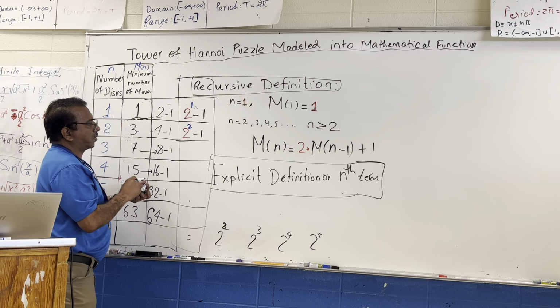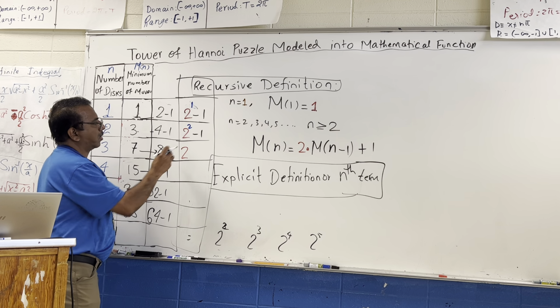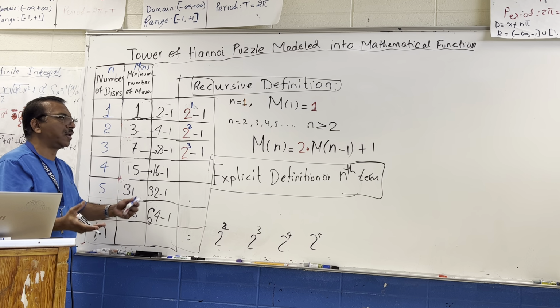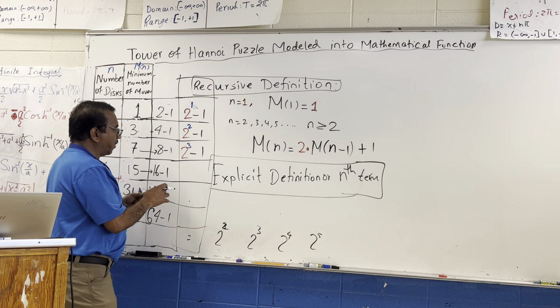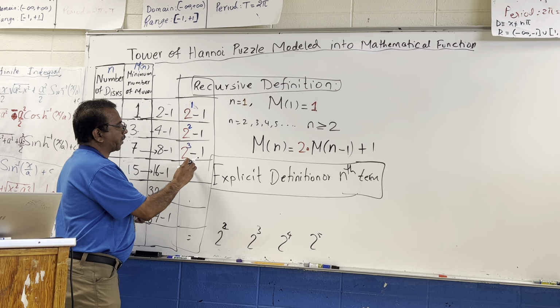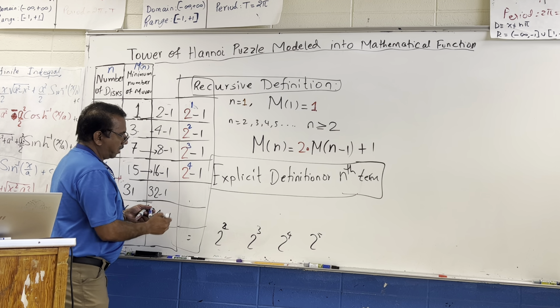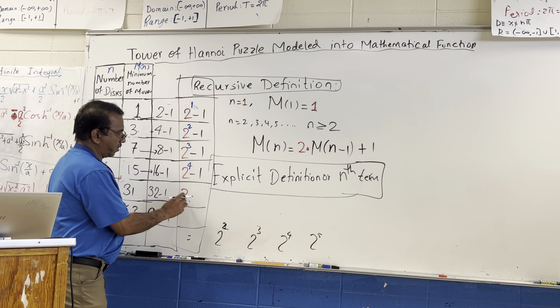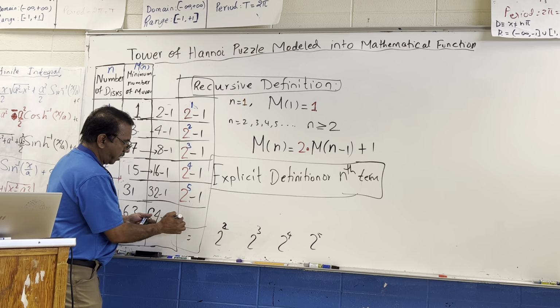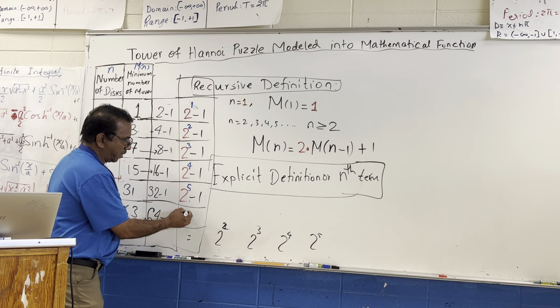This 8 is 2 raised to 3 minus 1. You can see the same pattern, and finally you already know the answer, but I'm going to organize this. So this is 2 raised to 4 minus 1. This one is 2 raised to 5 minus 1. And you already know what I'm concluding.